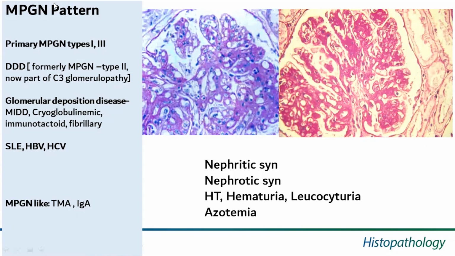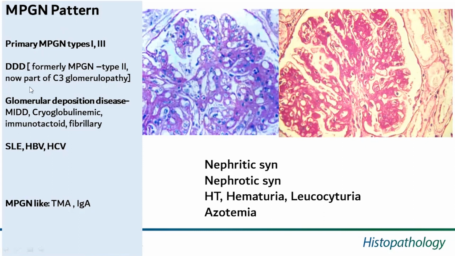Now again, just like FSGS, MPGN is a pattern. It can be a primary MPGN, which is type 1 and type 3, or this type of pattern can be seen in dense deposit disease, which formerly used to be classified as MPGN type 2, but now it is part of the family of C3 glomerulopathy.